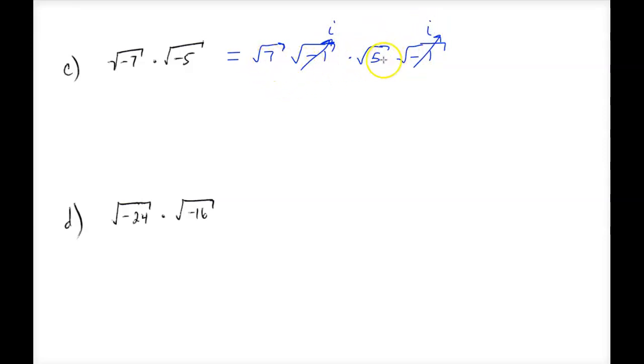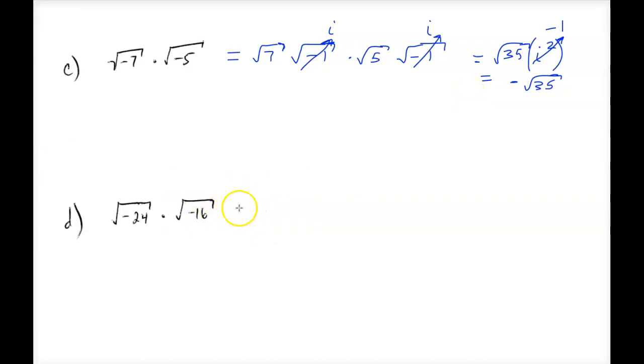Square root of 7 and square root of 5, 7 and 5 are both prime, so there's no way we can break these numbers down. So the most we can do is just multiply them together. So square root of 7 times square root of 5 is square root of 35 times i squared. And again, we know i squared is just -1. So -1 times square root of 35 is a negative square root of 35.